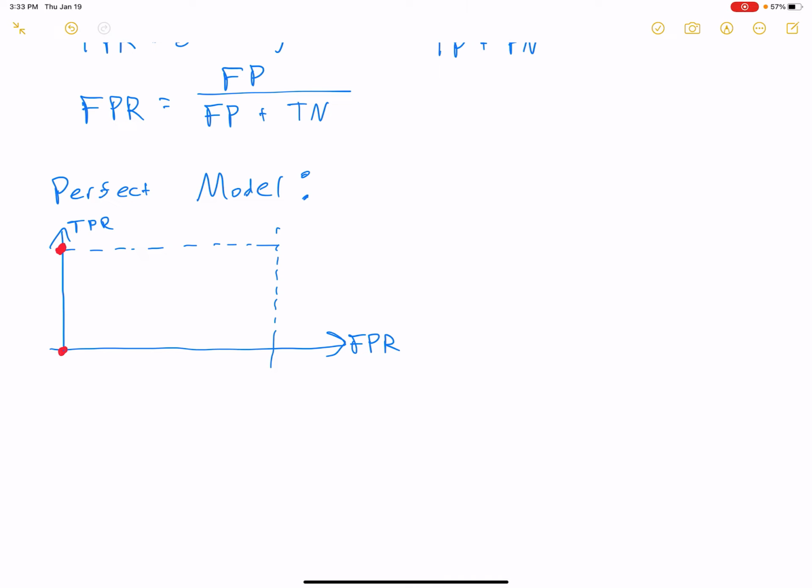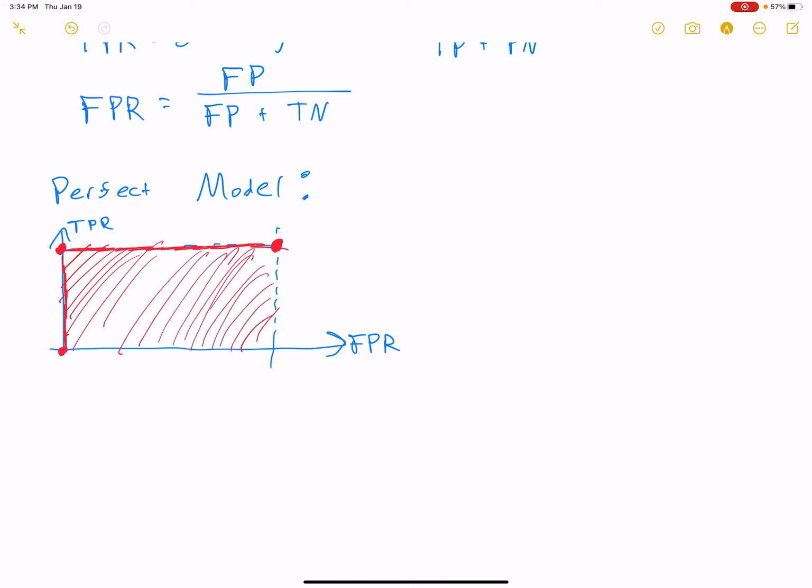If it's 0, it's all 1s. So the true positive rate is going to be 1, and the false positive rate will be 1, because everything's a positive prediction. So in that scenario, a perfect model would have the following AUROC curve, and we'll see why I'm shading this in a bit.